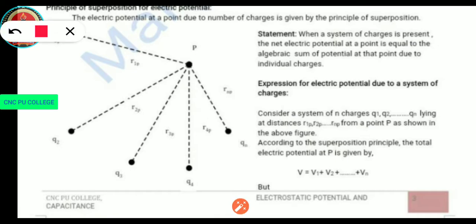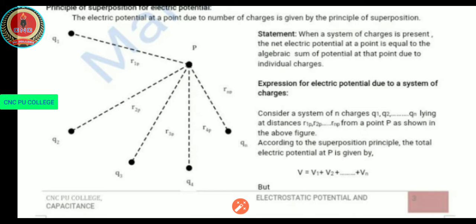That means we have to find the potential at P due to the first charge, the potential at P due to the second charge, the potential at P due to the third charge, and so on, and get the algebraic sum of all the potentials due to the individual charges. That is going to give the expression for electric potential due to a system of charges.